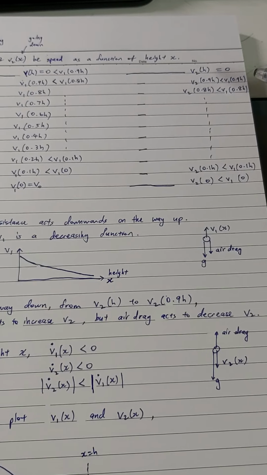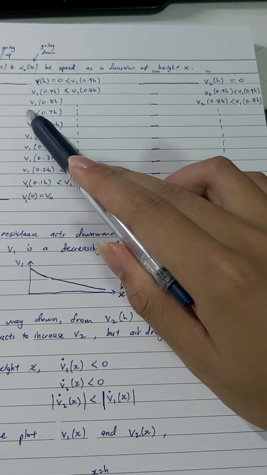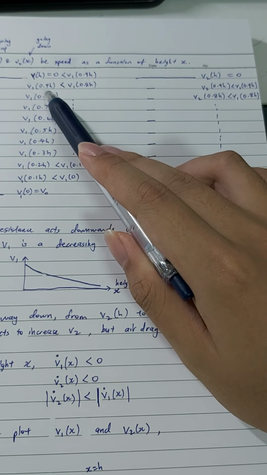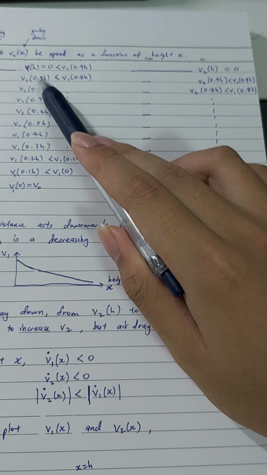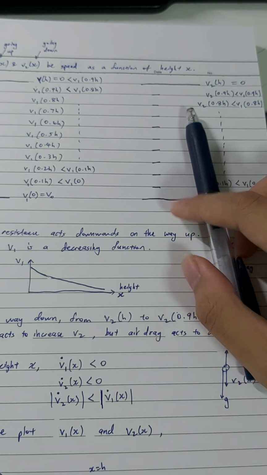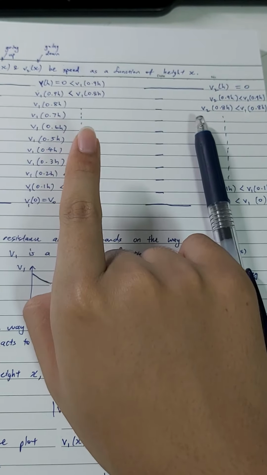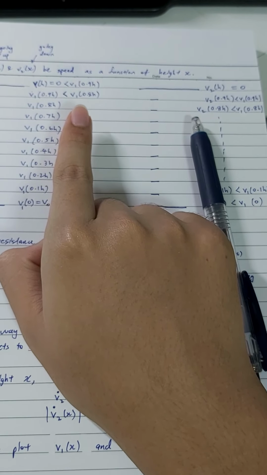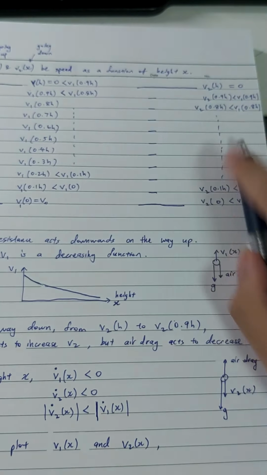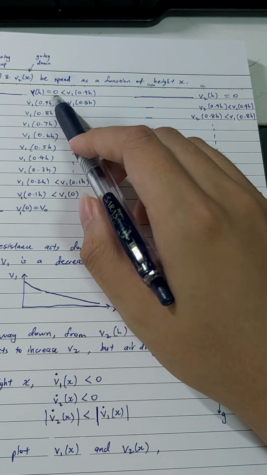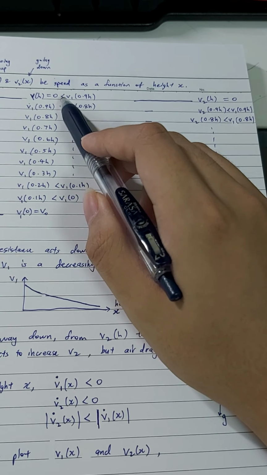So what I'm trying to say is, if we just look at the heights from 0.9h to h, let's say initially it's going upwards at 0.9h at 1 meter per second, and it requires both gravity and air drag to bring it down to 0. So it brings it down by 1 meter per second.